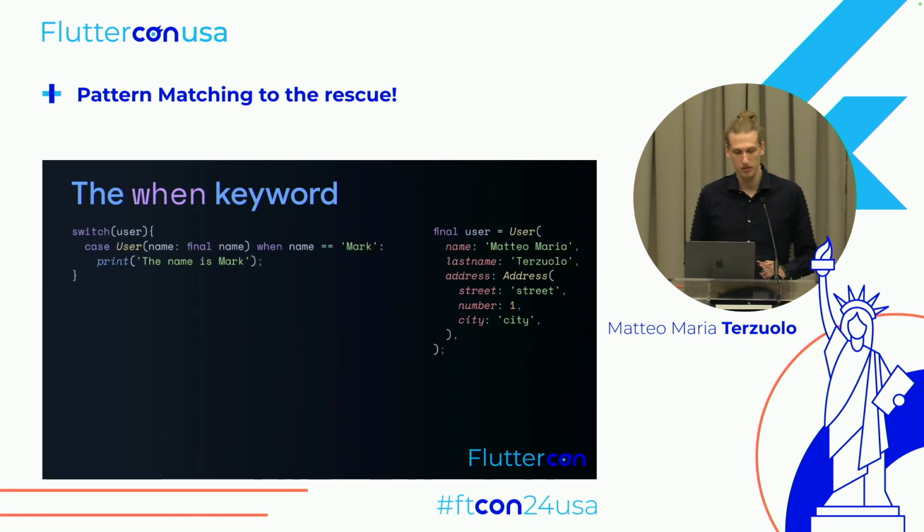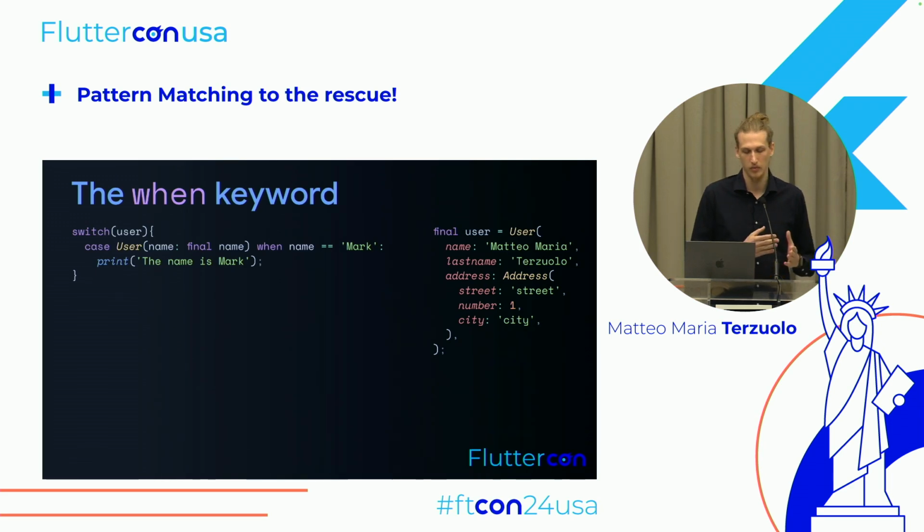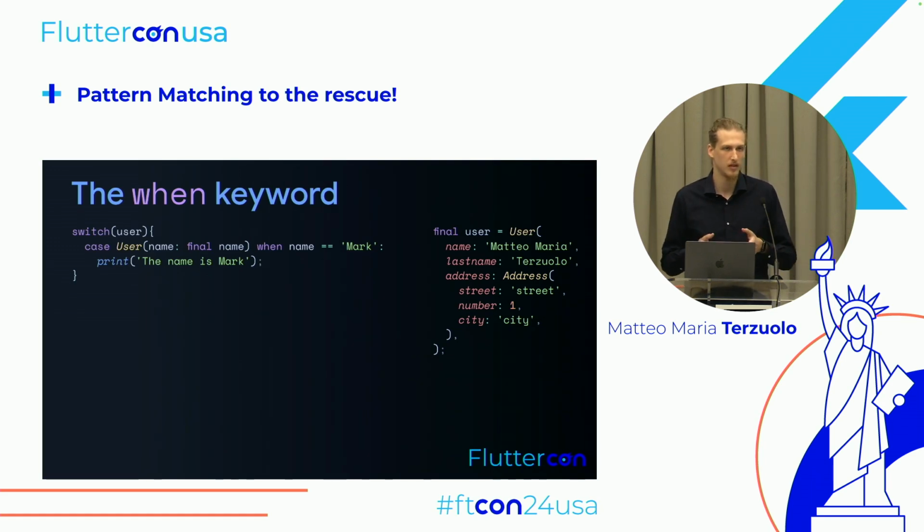We can switch on a user and extract his name. The syntax is the class, then we type the name of the property that we want to extract, and then we say final and the name of that property.